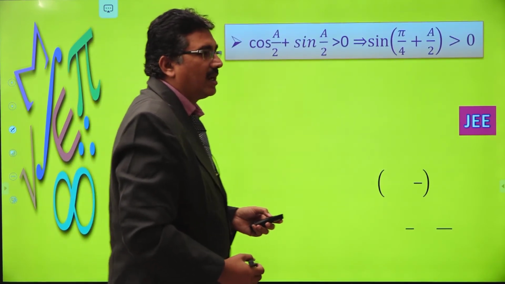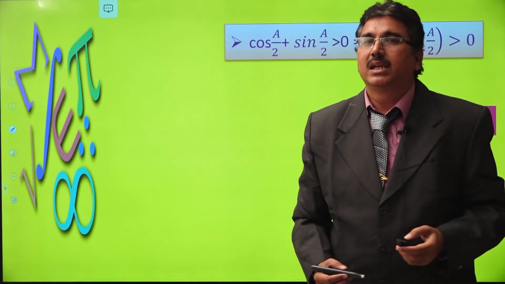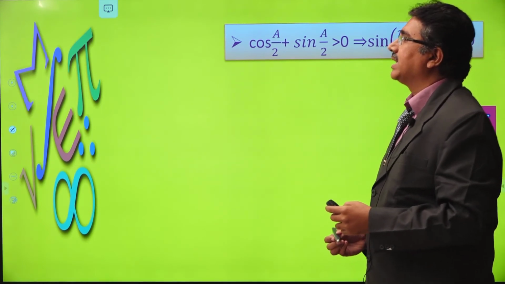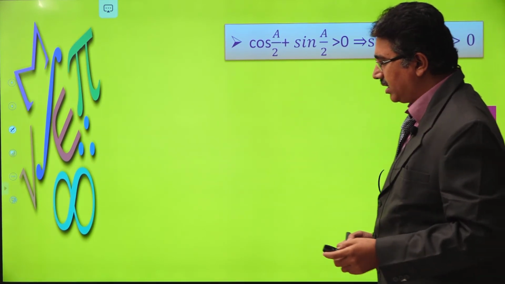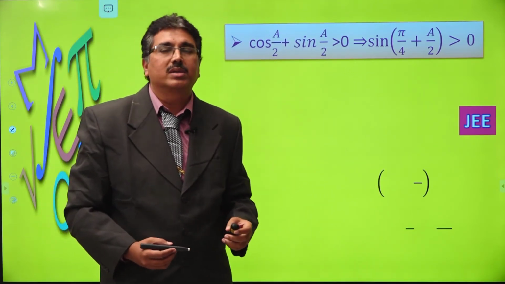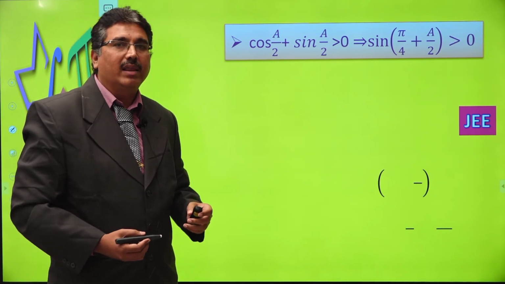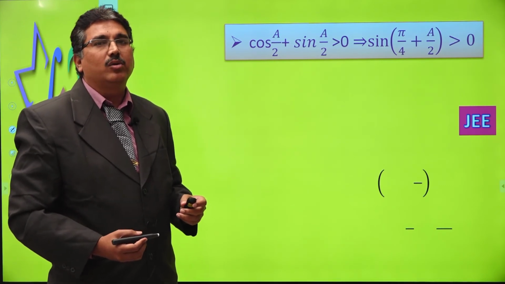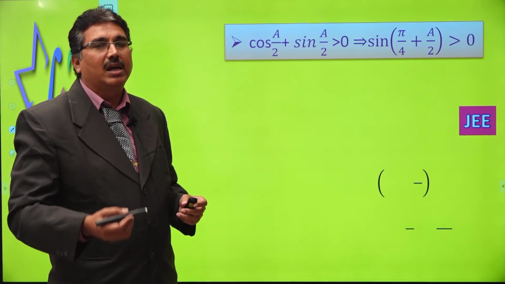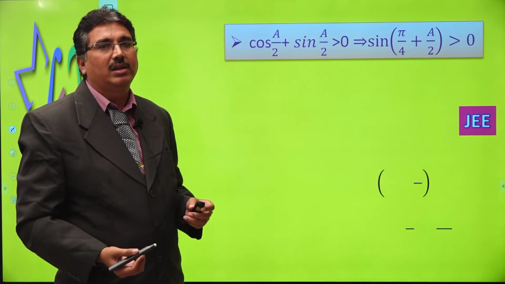Now find the values of a/2 for which cos a/2 plus sin a/2 is greater than 0. We have to find the limits of a/2 for which cos a/2 plus sin a/2 is greater than 0, cos a/2 plus sin a/2 is less than 0.